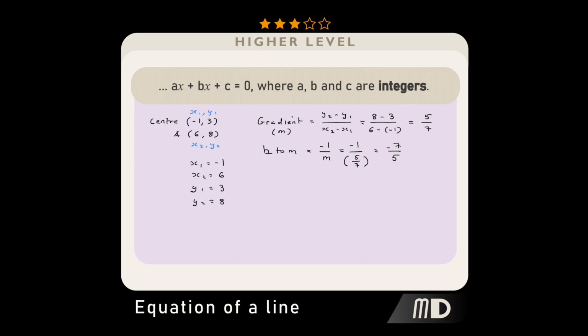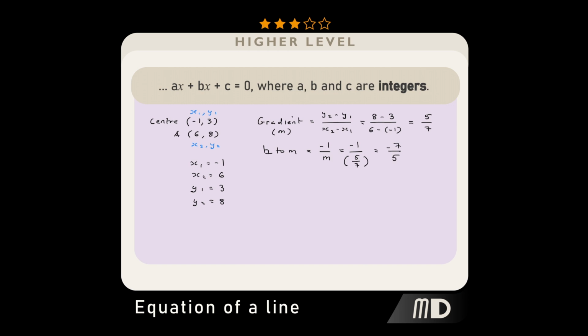We know the coordinates of point A and the gradient of the tangent at point A. So we can now find the equation of the tangent.